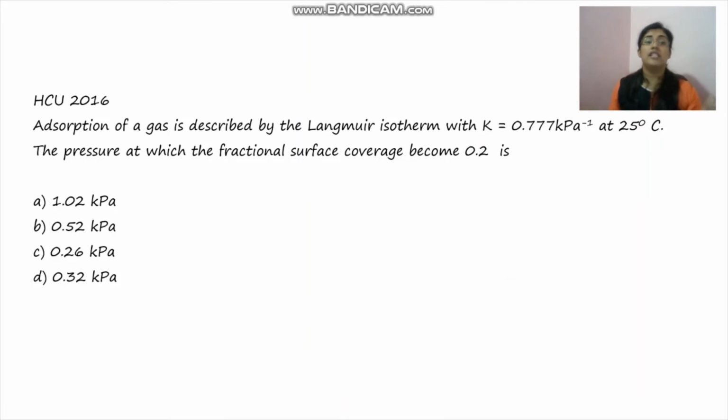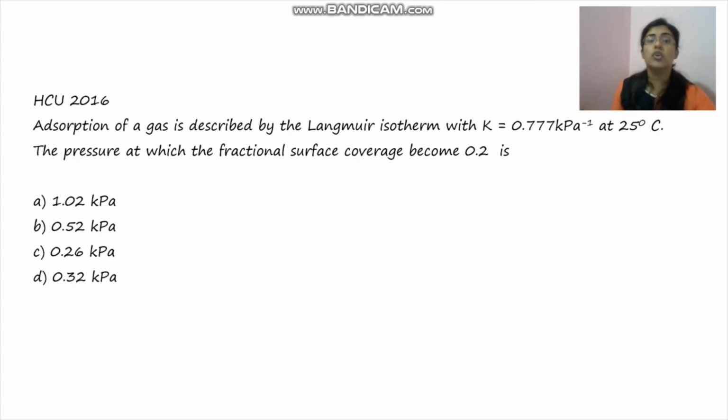So this is from the HCU 2016 paper. They told that the adsorption of a gas is described with K equal to 0.777 kilopascal at 25 degrees Celsius. At 25 degrees Celsius, the pressure at which the surface coverage becomes 0.2.